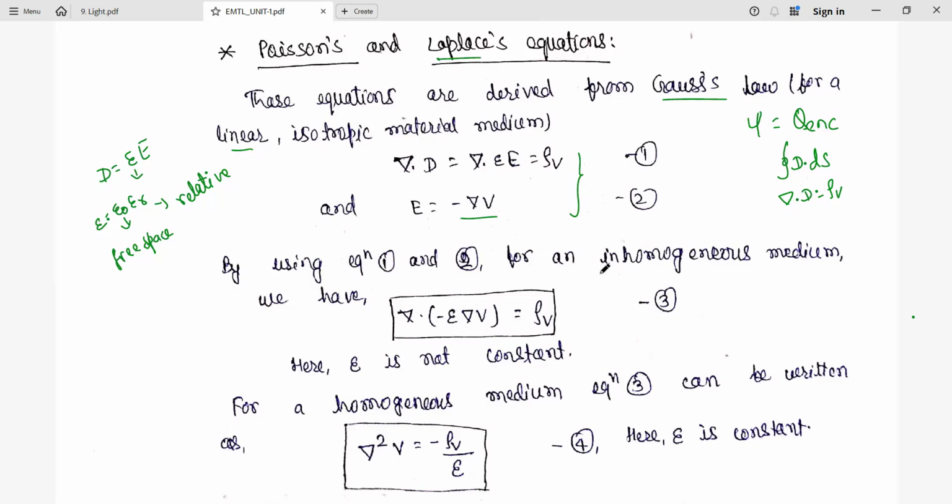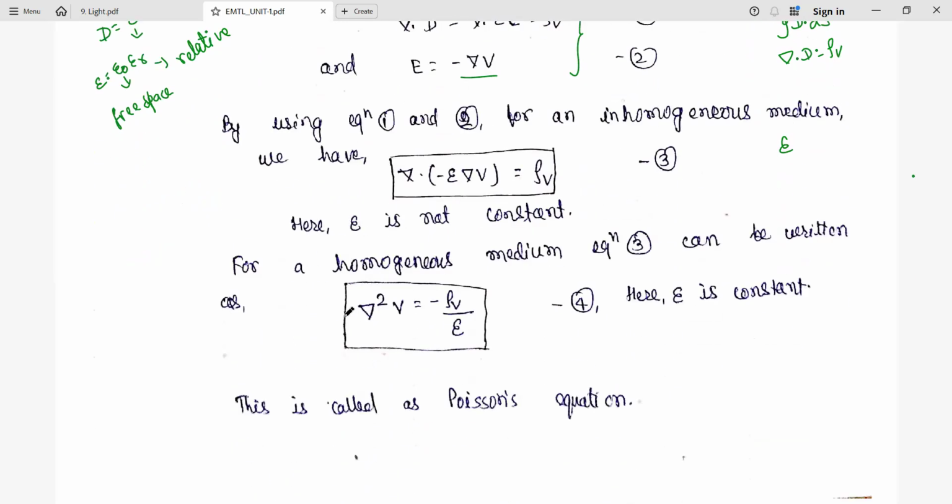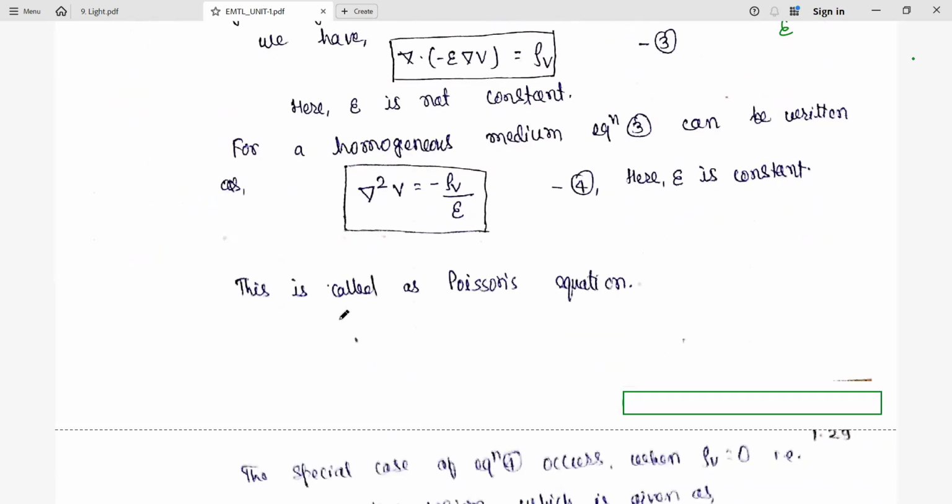In case of an inhomogeneous medium, the permittivity epsilon is not constant, so it is a variable and is written under the gradient for the differentiation. Whereas in a homogeneous medium, the permittivity is constant, so it is taken outside of the differentiation, and we have del square V equal to minus rho v by epsilon. Here epsilon is constant in a homogeneous medium.